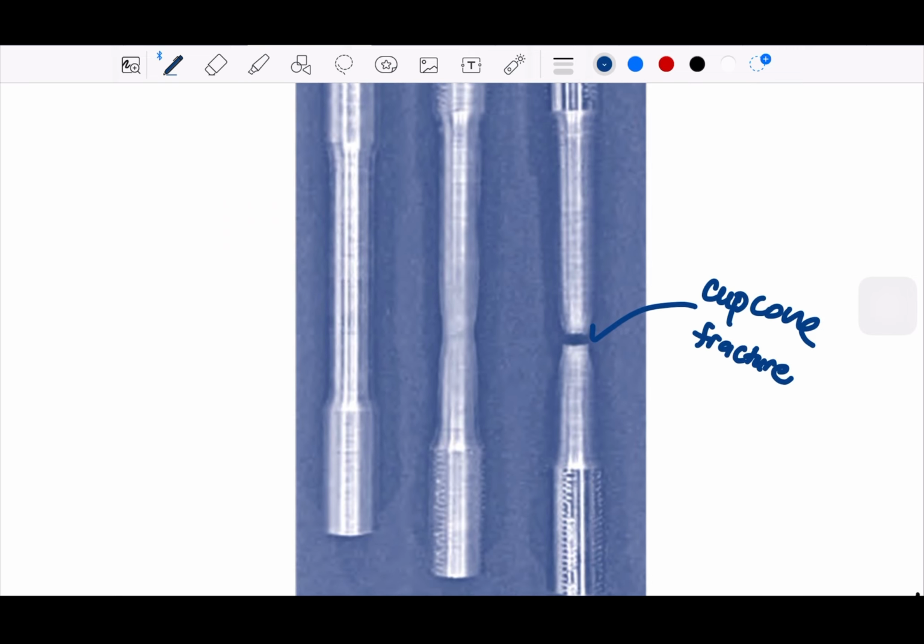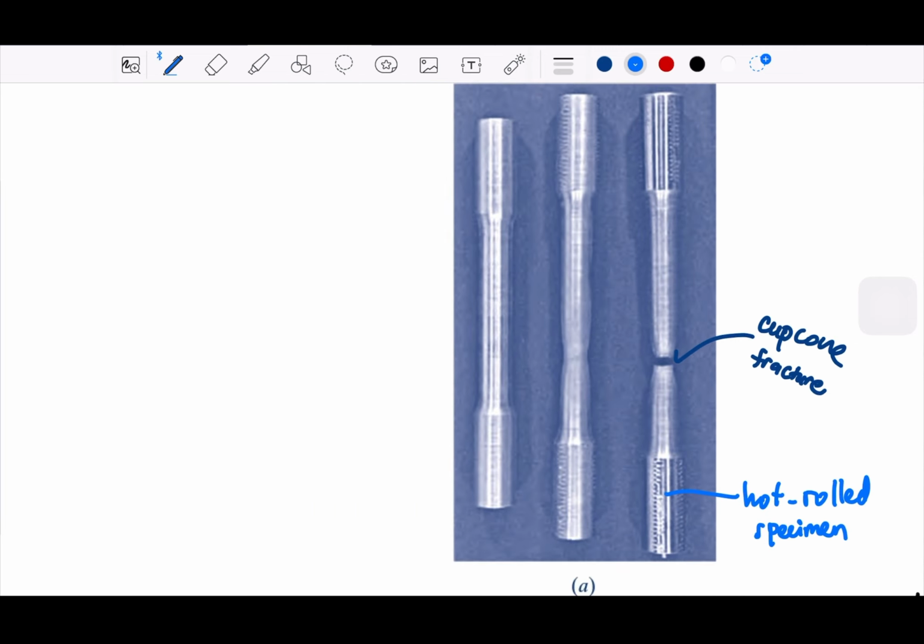And I think this is a hot rolled specimen, which means this is a ductile material, and ductile material will typically have the cup cone fracture. Okay.